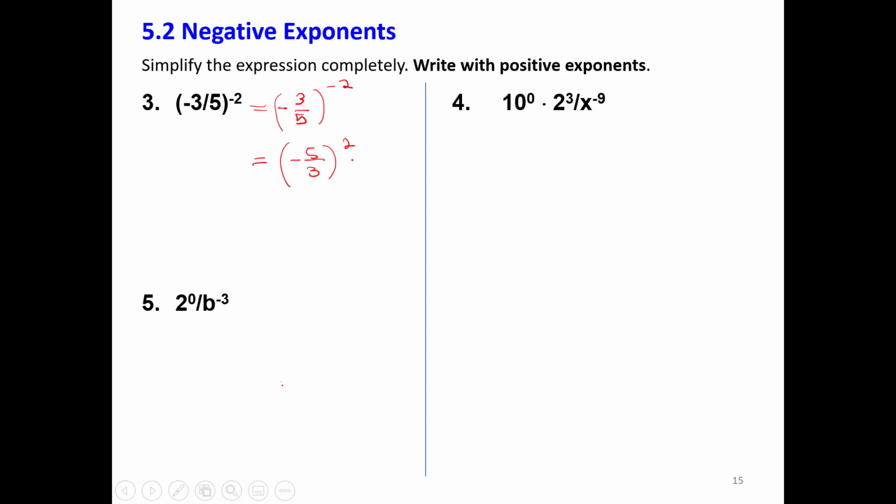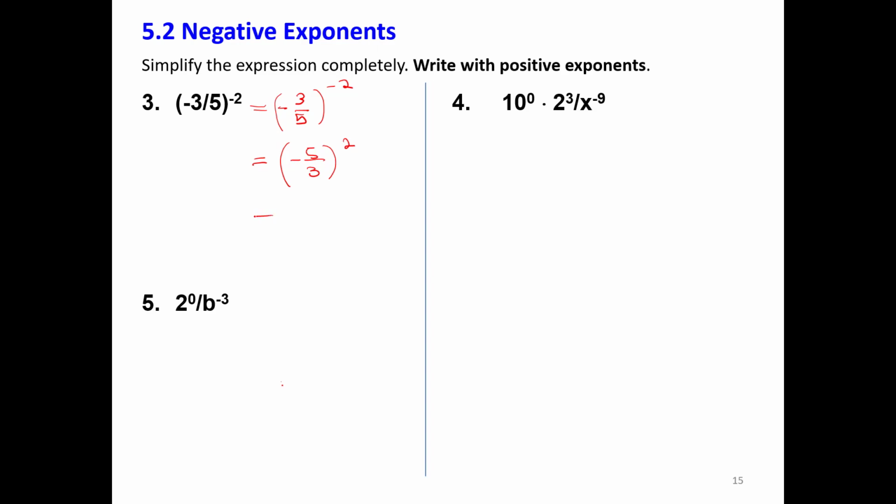Now I think we can apply the concept of the exponent. What is the base in this case? It is minus 5 over 3. How many times we need to multiply minus 5 over 3? Two times, yes, twice.